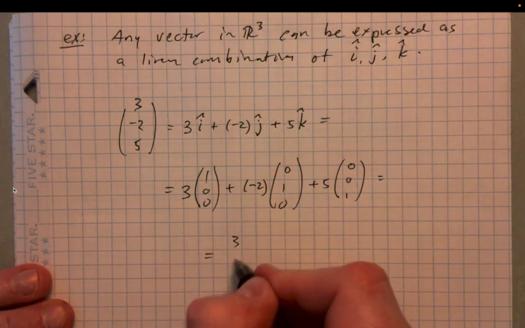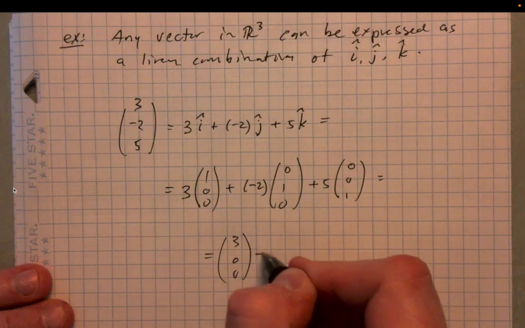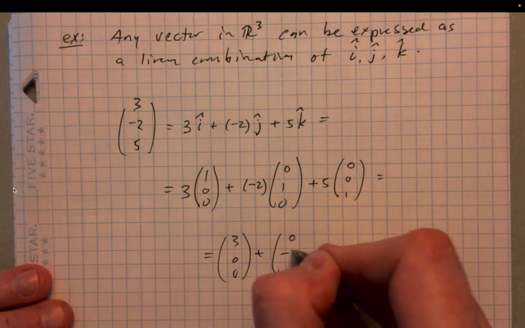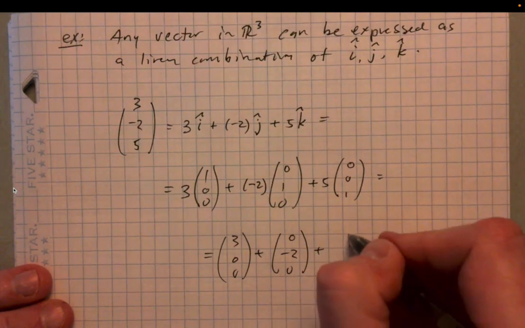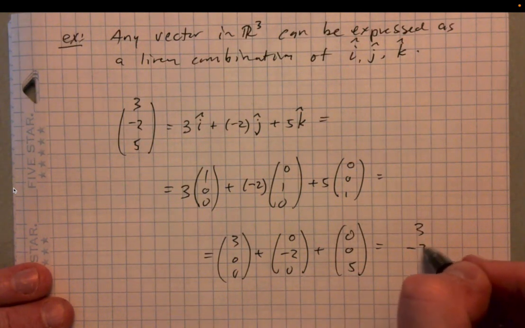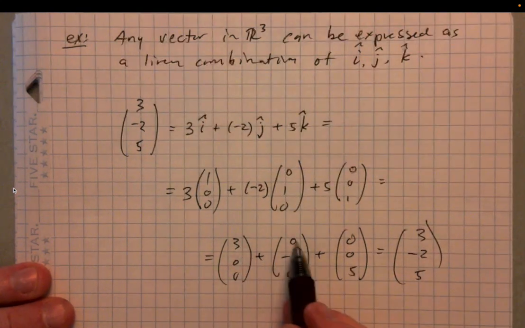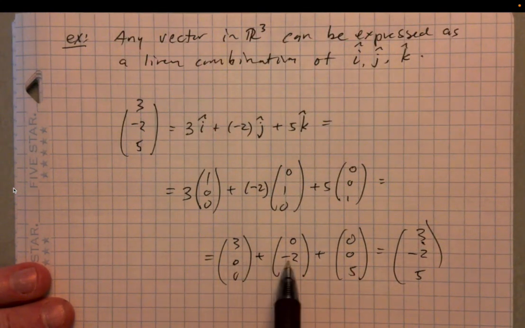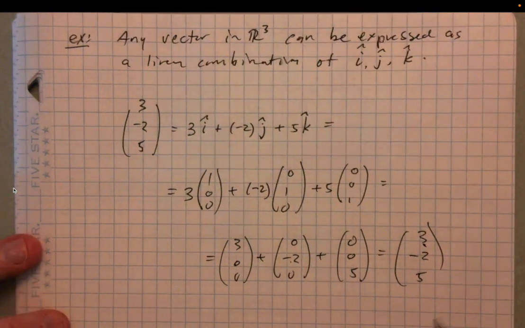So I know that's (3, 0, 0) plus (0, -2, 0) plus (0, 0, 5). And of course, that gets me (3, -2, 5). 3 plus 0 gives me 3, 0 plus -2 plus 0 gives me -2, and so on.